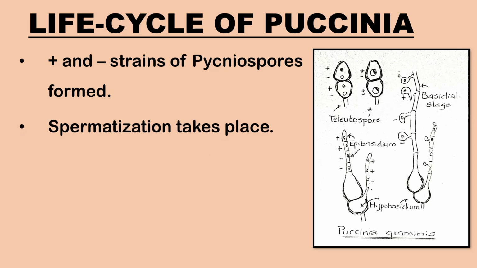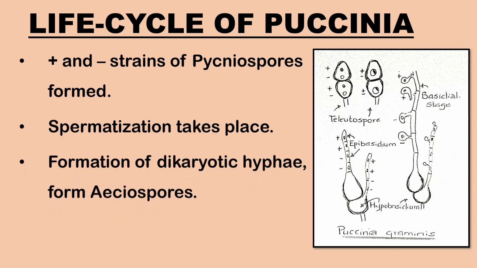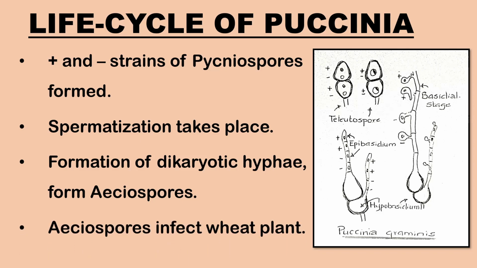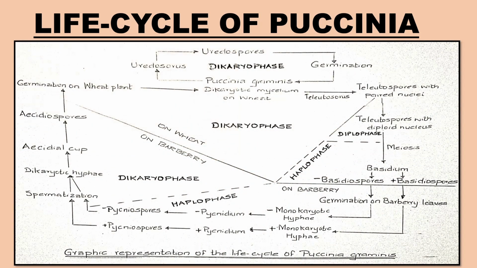Spermatization takes place, resulting in the formation of dikaryotic hyphae that form aeciospores which germinate after infecting the wheat plant. We have already learnt in detail about the life cycle of Puccinia graminis in one of our previous videos. You can watch the video for complete understanding of the topic.